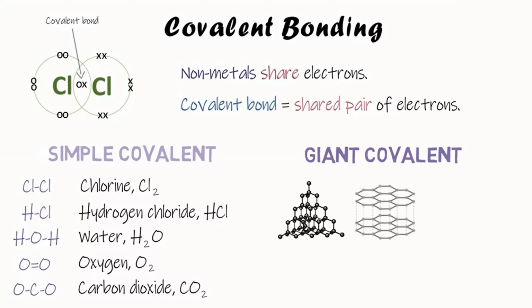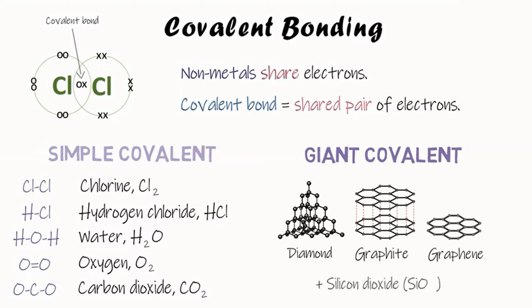Giant covalent, on the other hand, is when you've got many thousands of atoms joined together. 3 examples of this would be the allotropes of carbon, diamond, graphite, and graphene. Instead of just 3 or 4 carbon atoms, you've got hundreds or even thousands of atoms joined together in a giant structure. The one other example of this you need to know is silicon dioxide. You just need to remember these 4 examples. So if it's covalent, if it's not one of those 4 examples, you can assume that it's a simple covalent compound.